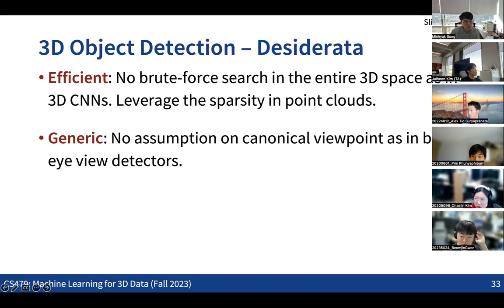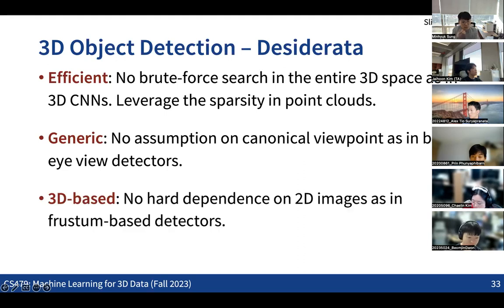The other thing is that we want to utilize the entire 3D information without any dependency on 2D image detectors. So we are going to briefly discuss some ideas on how we can make an object detection network in the 3D space that satisfies all these constraints.